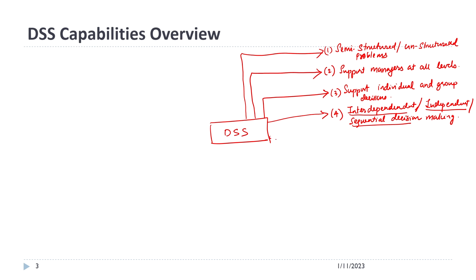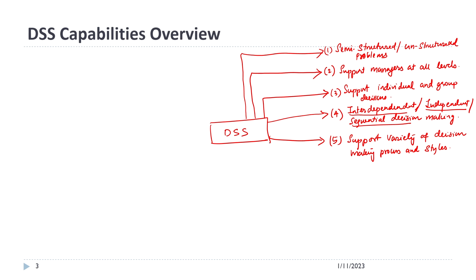And then the fifth one is support variety of decision making process and styles. Okay. It should allow variety of decision making process.